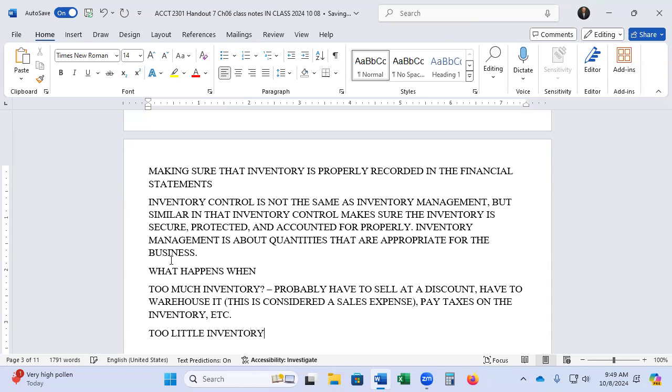What happens when we have too little inventory? So you could end up paying more for rush orders and things like that.